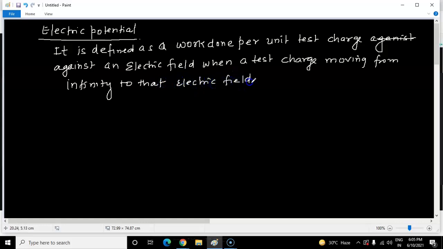Okay. Yes, sir. So it is defined as the work done per unit test charge against an electric field when the test charge moves from infinity to a point.